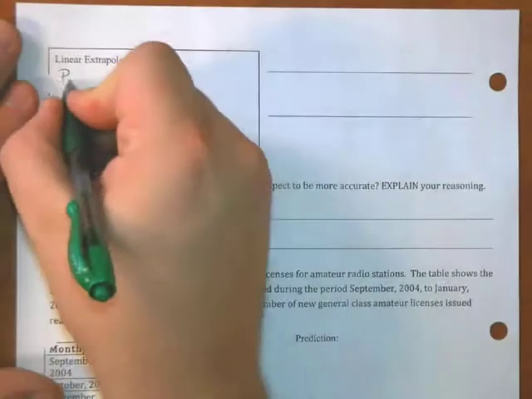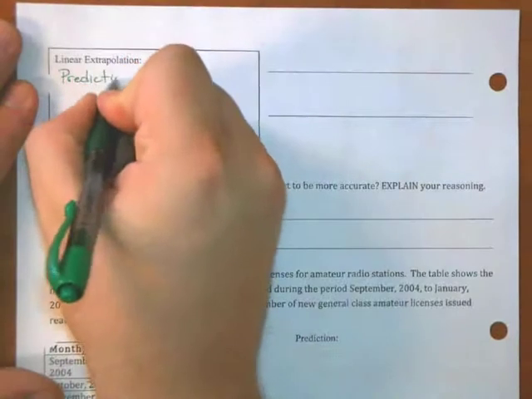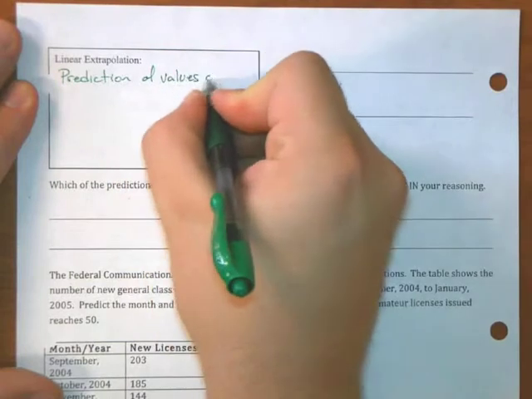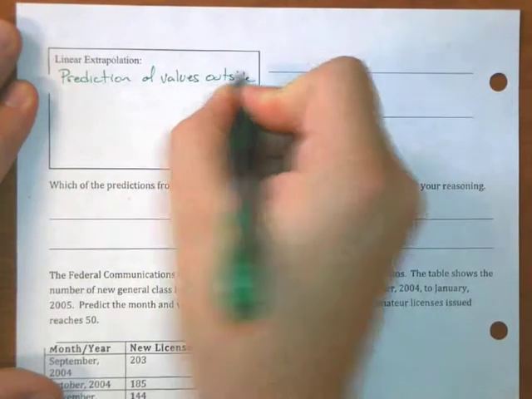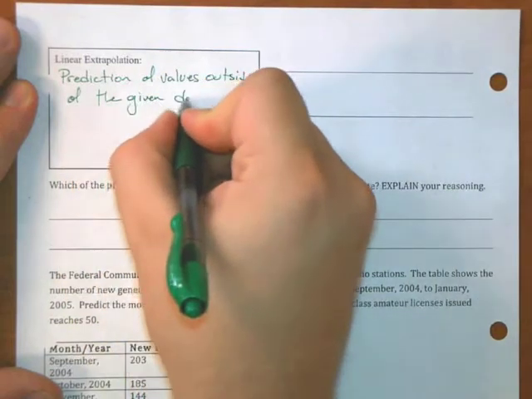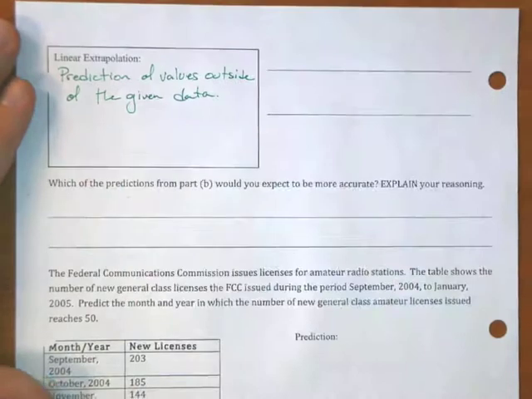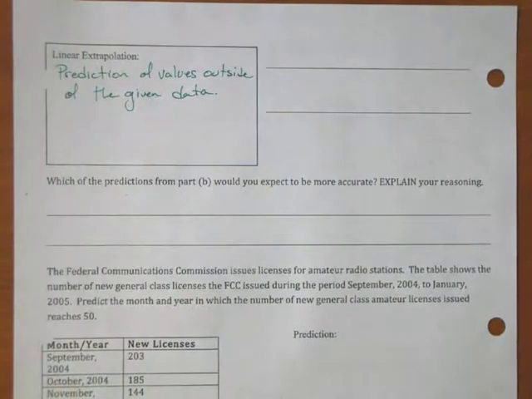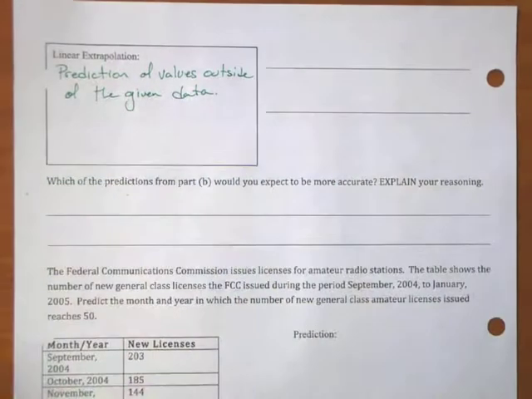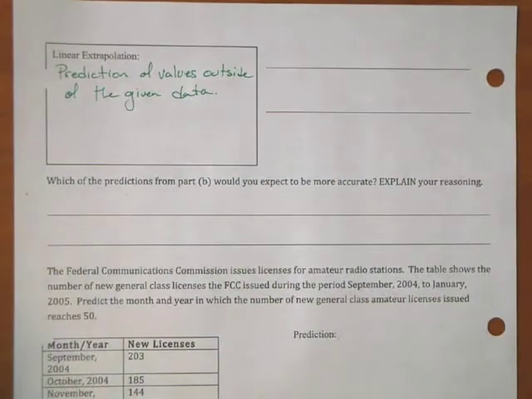So we're making a prediction of values outside of the given data. Extra means outside, so extrapolation is outside. Interpolation is inside.